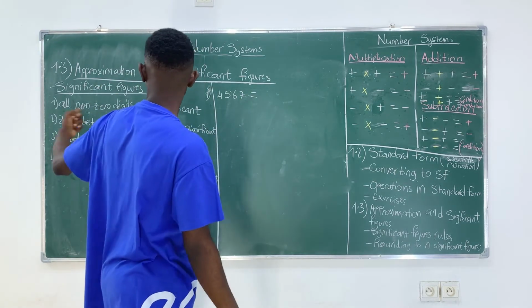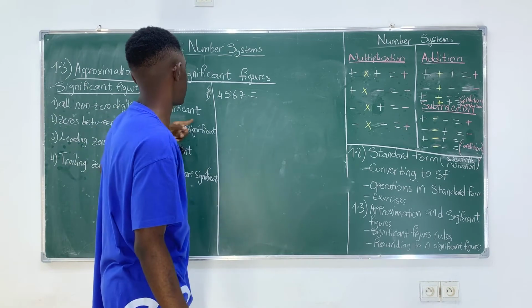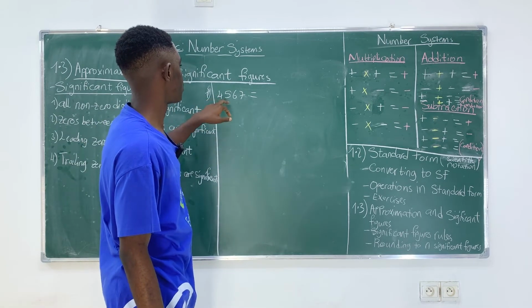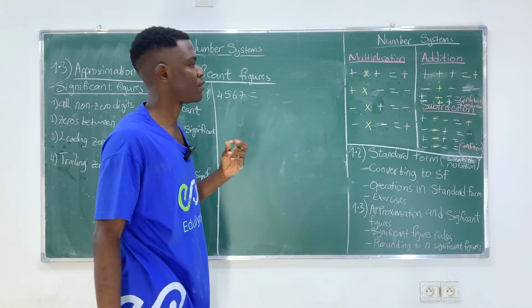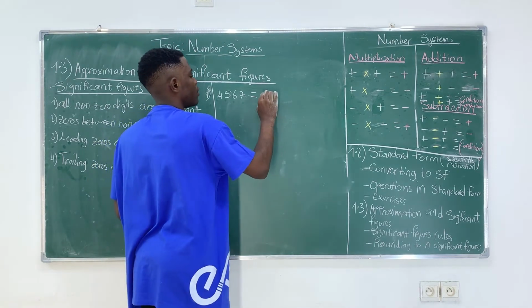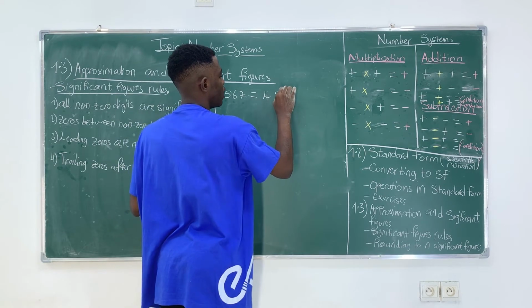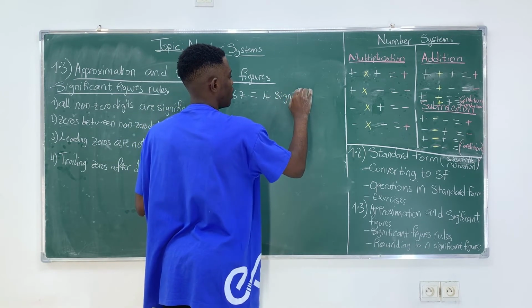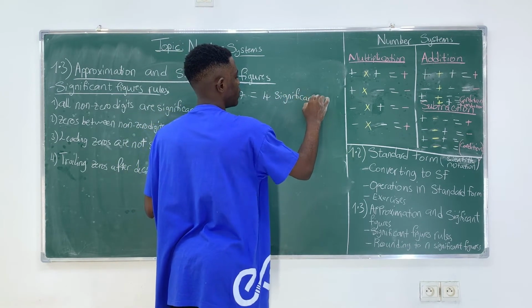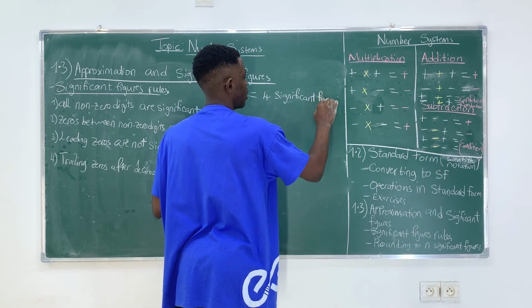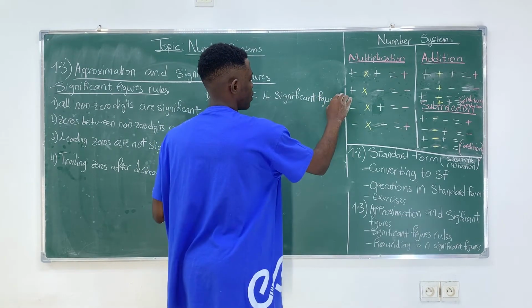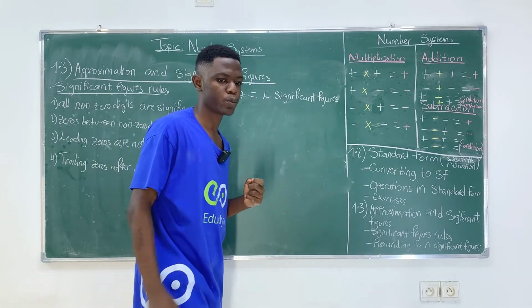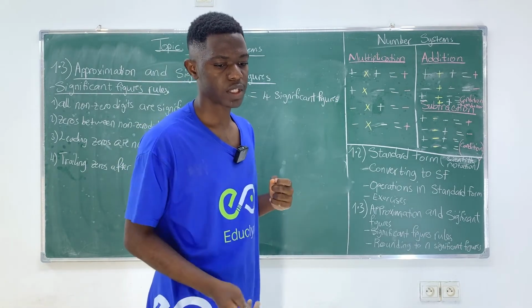It was said that all non-zero digits are significant. We have 1, 2, 3, 4. All of the digits are non-zero digits. So 4 significant figures.